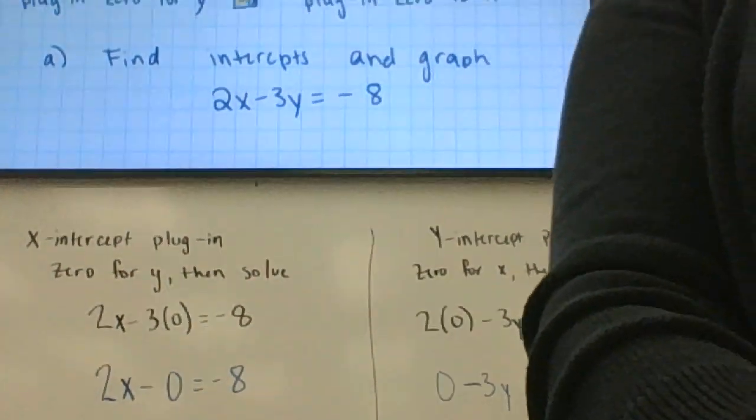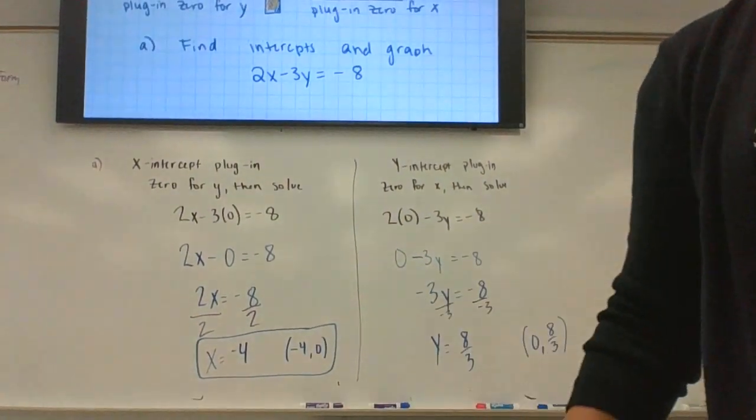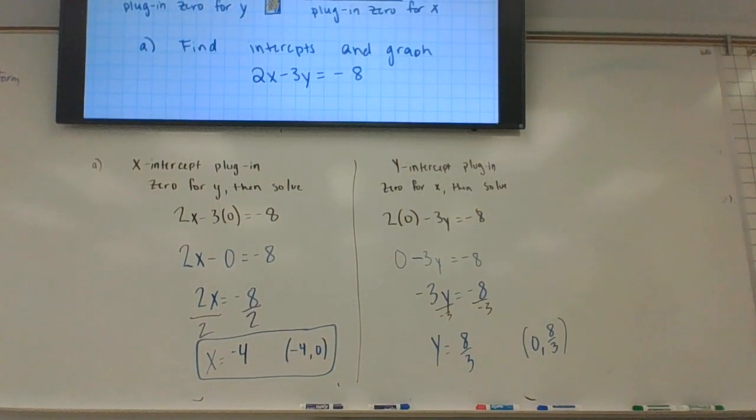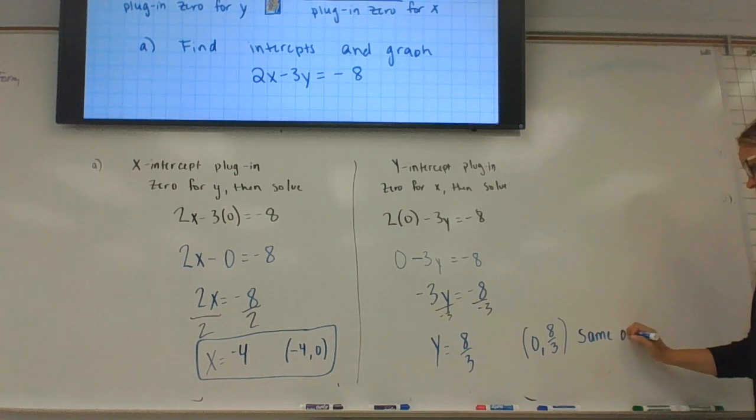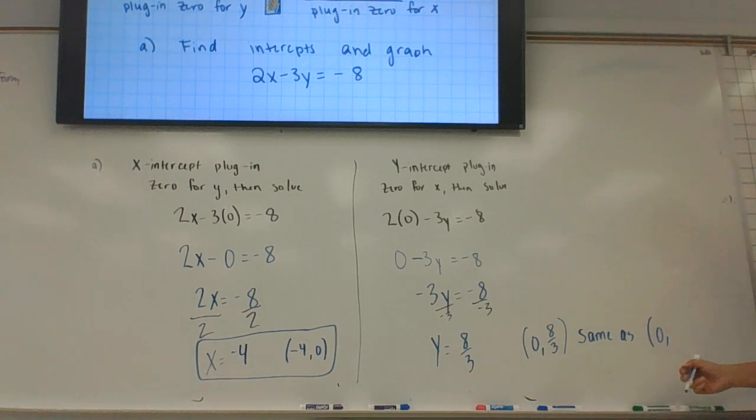I want you to do your work in fractions, but if you want to write the decimal form down to help you plot it, totally do that. So that's the same as 0, comma 2.67, right? So that's going to help you maybe get your point.